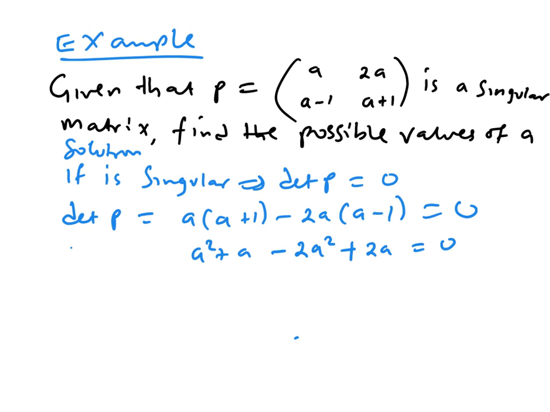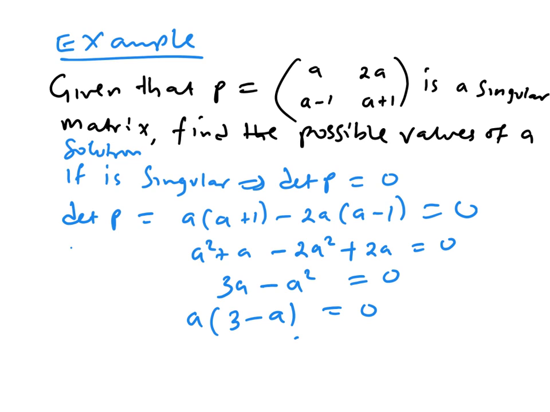Okay, so we discover that this is 3A minus A squared equals to 0. And this is A into 3 minus A equals to 0.